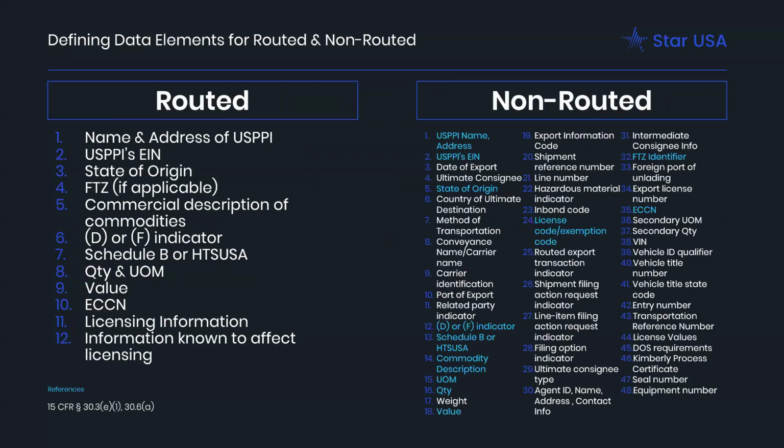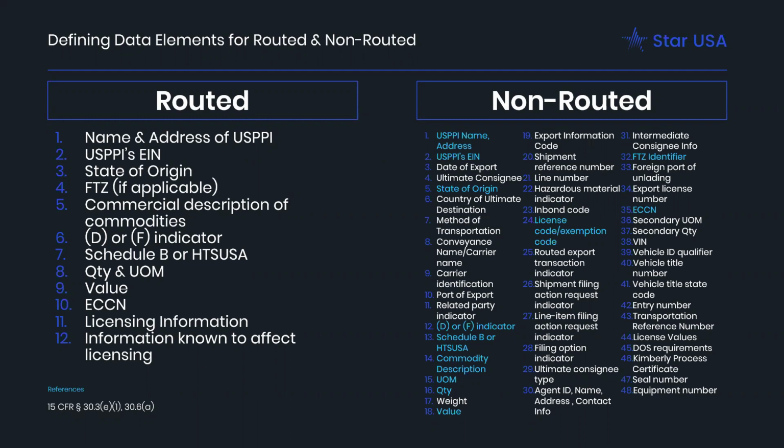Data elements for routed and non-routed transactions. In a routed transaction, the data elements that a USPPI would provide are on the left-hand side. So in routed transactions, USPPIs provide your name and address, your employee identification number, your tax ID number, the state of origin where the goods begin their journey for export, the foreign trade zone, if it applies, commercial descriptions, domestic or foreign indicator, Schedule B or HTSUS, quantity, unit of measure, value, ECCN, licensing information, and information known to affect licensing.